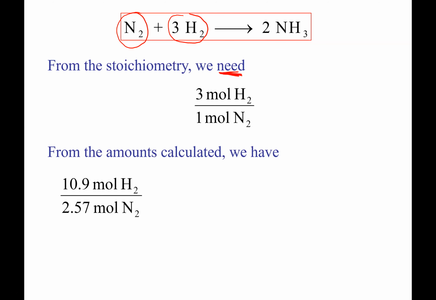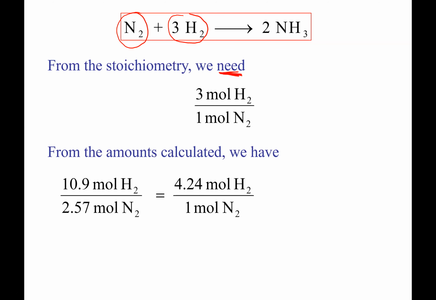Now I go ahead and put 10.9 divided by 2.57, and you should get 4.24. And the units of that ratio, we just carried over, so it'd be 4.24 moles of H2 per 1 mole of N2.